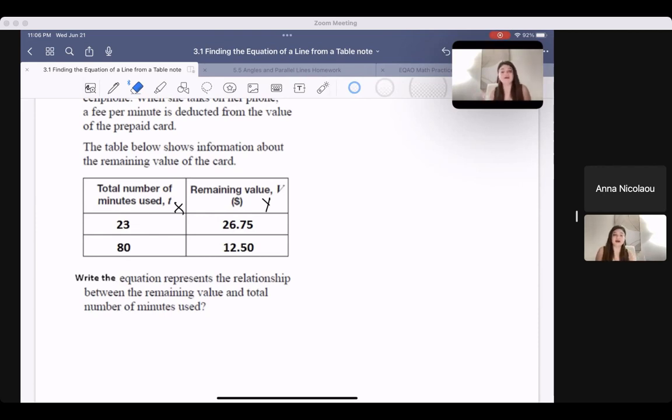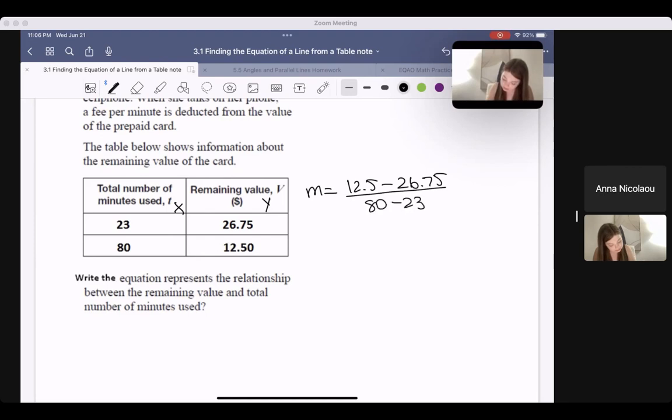And so what we need to do is figure out the equation. Now, how can we do that? Well, we don't have the slope, but we do have 2 points. And when we have 2 points, we can find the slope. So what is our slope? Our slope is going to be 12.5 minus 26.75 over 80 minus 23.